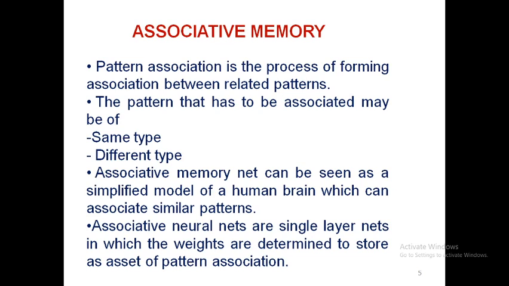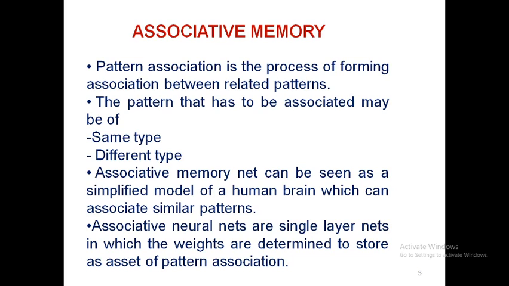But if we provide a 1 by 6 vector as an input, and you get a 2 by 6 vector as an output, or a 1 by 3 vector as an output, that is a different type of association. So the associative memory net can be seen as a simplified model of the human brain which can associate similar patterns, like the example we were seeing.